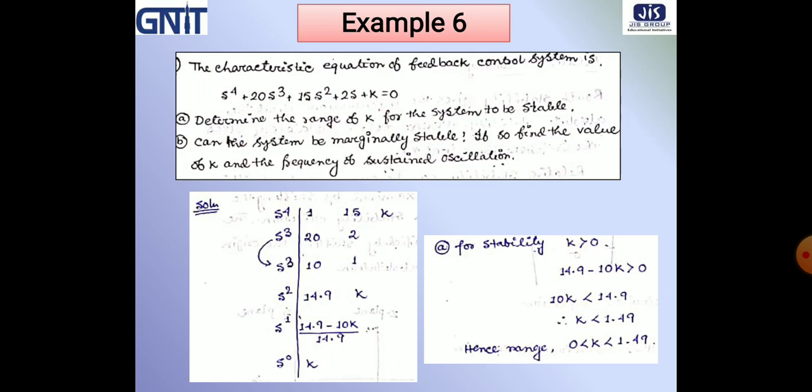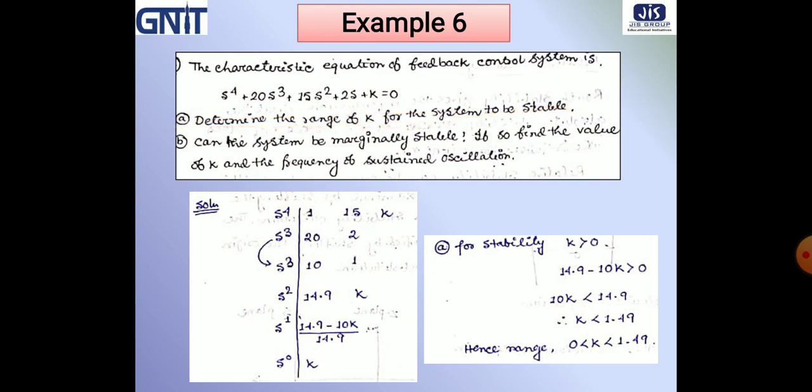Okay, just put the values in the Routh array like this. We already know how we can calculate that. Then for question number 1, determine the range of k.